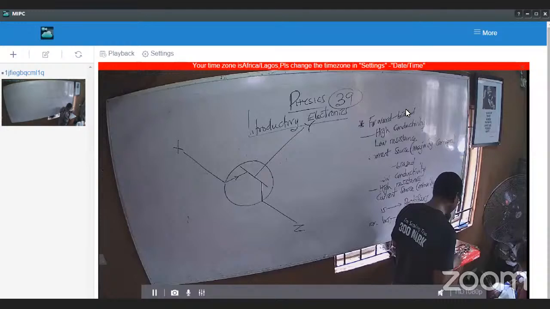In bipolar transistors, conduction is by option A, electrons only. Option B, holes only.